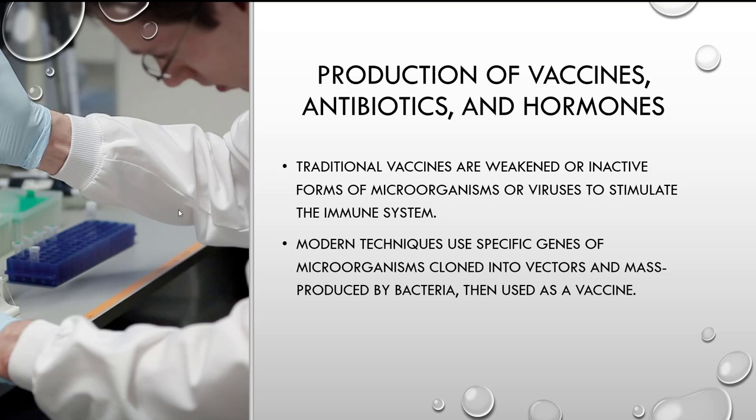Our more modern techniques involve, instead of giving you an inactive or weakened form of the virus, just giving you specific genes of the microorganisms, and then mass producing it. So it's less likely that people with compromised immune systems will react to it, or that you're going to get an adverse reaction. It also allows us to produce vaccines that are more broad.